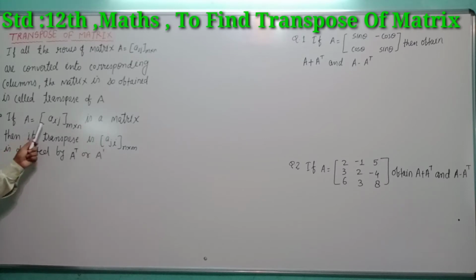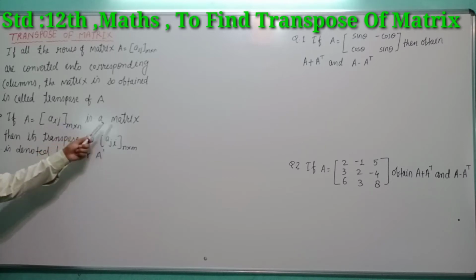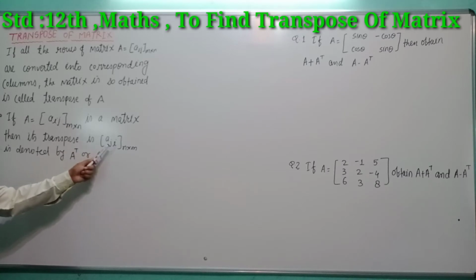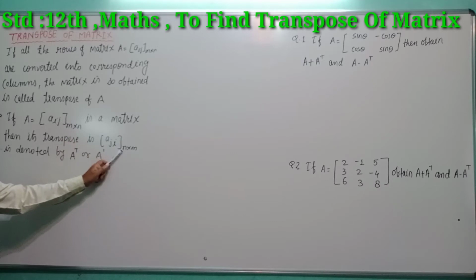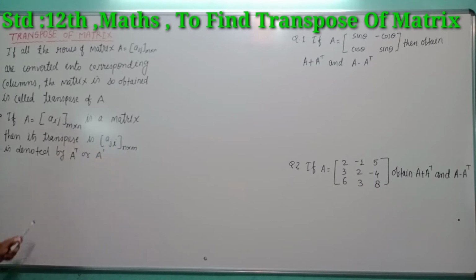If A is a matrix in the form of Aij, its order is m by n, then its transpose is Aji. The column will be converted into row and row will be converted into column, and the order will be converted into n by m. It is denoted by A transpose, otherwise A dash, right students?